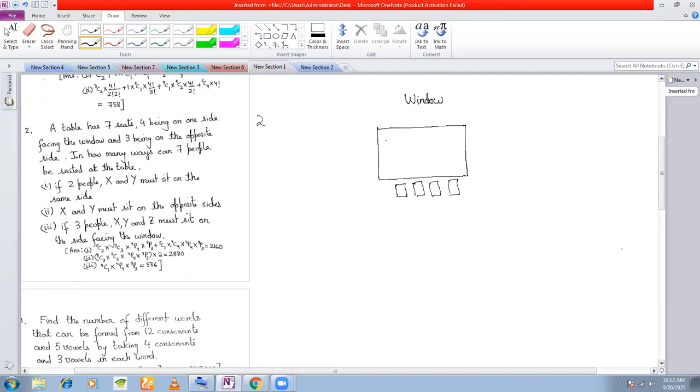And 3 being on the opposite side. That means 3 seats are here.